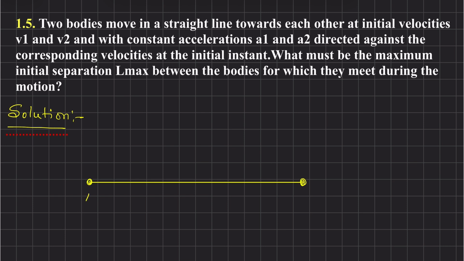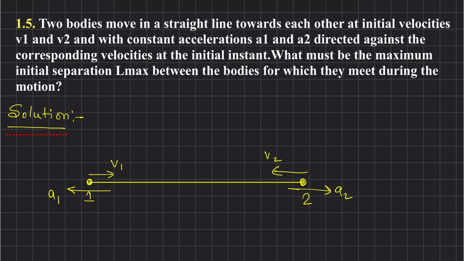Let's call this one 1 and this one 2. This has velocity v1 and this has velocity v2, with constant accelerations a1 and a2 directed against the corresponding velocities at the initial instant. That means their accelerations are a1 in this direction and a2 in this direction.